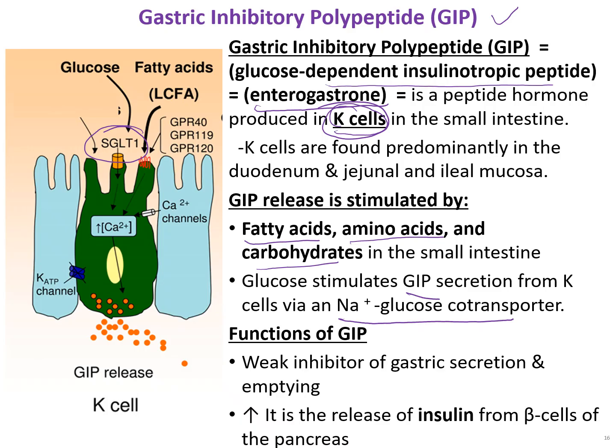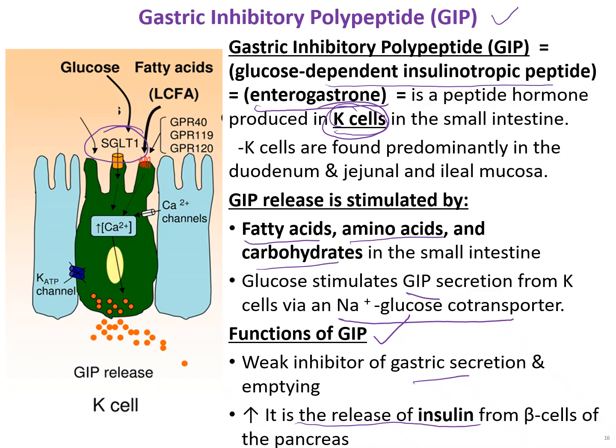So the function of GIP is it is a weak inhibitor of gastric secretion and emptying, and also it increases the release of insulin from the pancreatic beta cells. Especially when you take oral glucose, that increases the GIP, that stimulates the pancreatic beta cells.